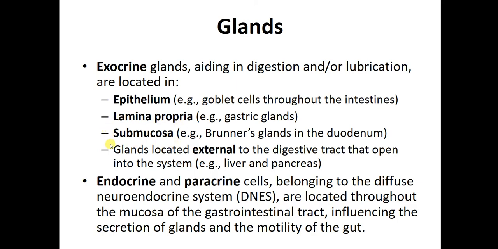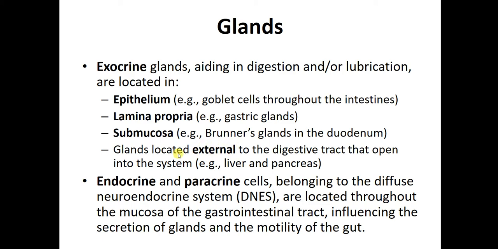Sometimes gland depth reaches even the submucosa, and there are a few examples in our digestive tract. One of them is Brunner's glands, which are located in the duodenum. The physiological role of them we'll discuss a little later.